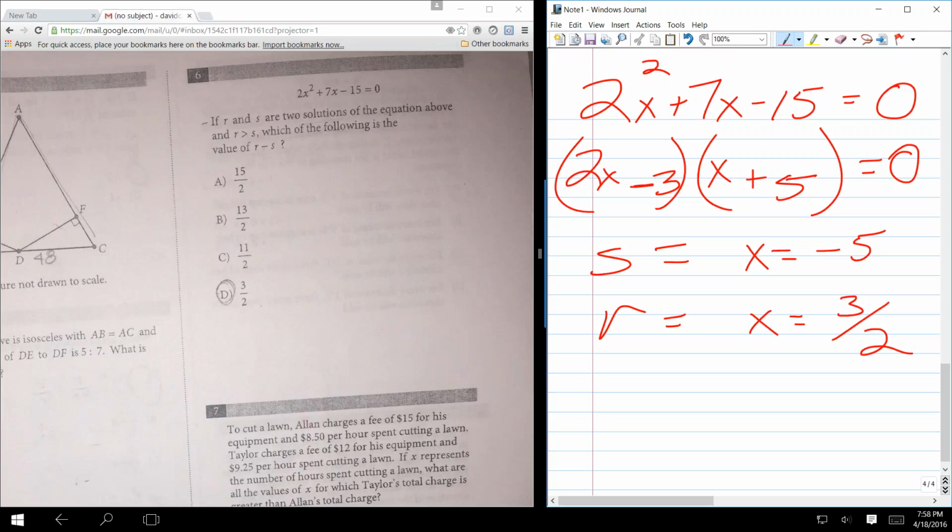And now finally to the last part of the problem, what is r minus s? 3 minus 5. It would be negative 3.5, so 3.5.